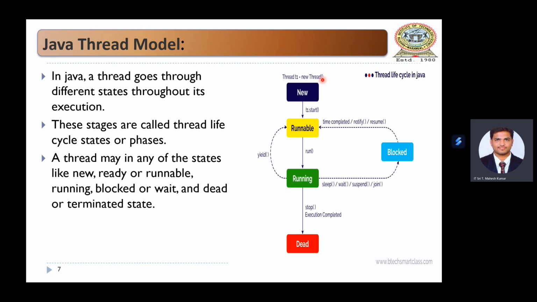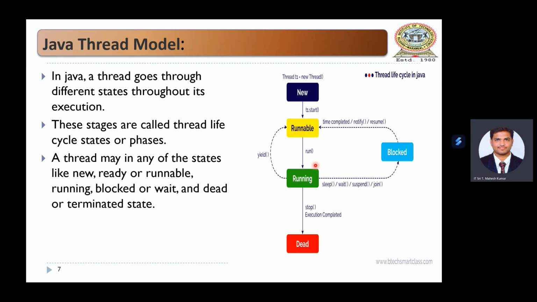Whenever you are creating a thread, you have to extend the features of the predefined Thread class. For that class, if you create an object, the thread is in the new state. When you call the start method, which is also an inbuilt method, the thread changes from the new state to the runnable state.